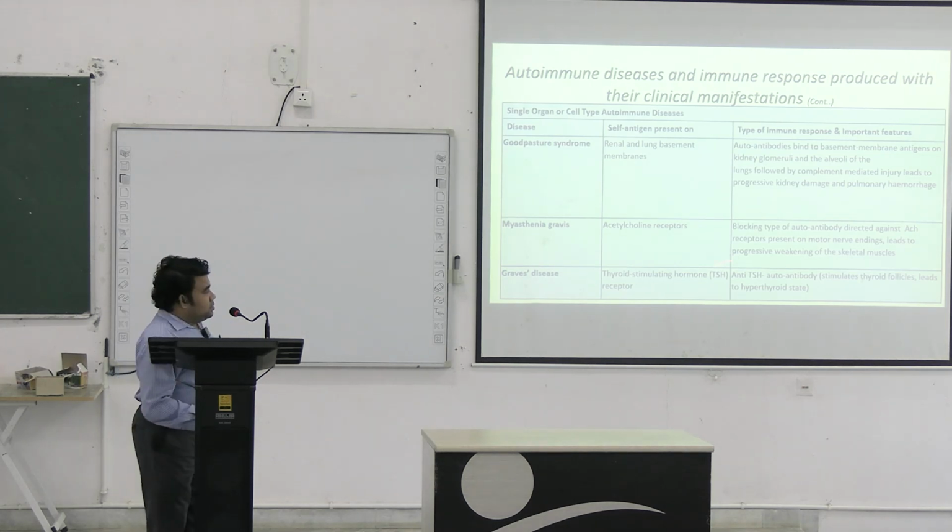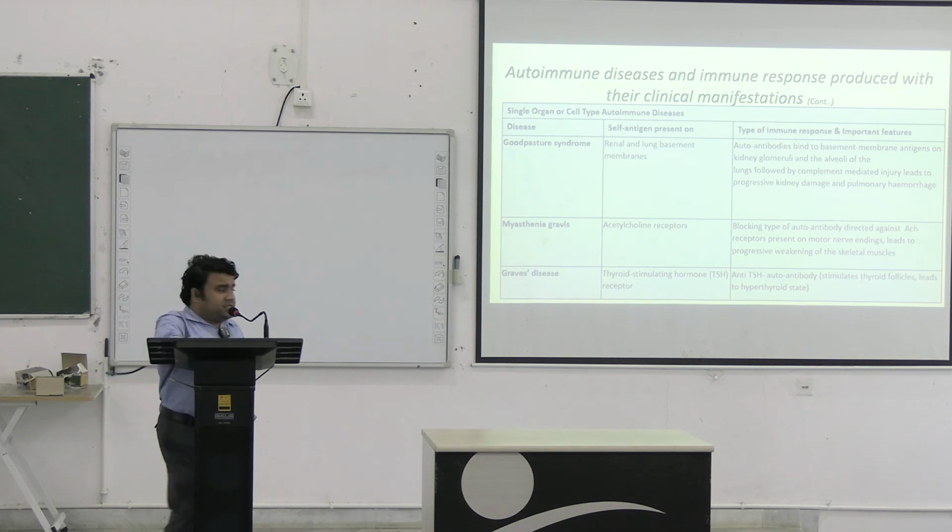Thus, these receptors will be blocked and neurotransmission will be altered. Similarly, in Graves' disease, autoantibody is produced against the thyroid stimulating hormone receptor. Now, if antibodies are produced, the thyroid stimulating hormone action will lead to a hyperthyroid state.